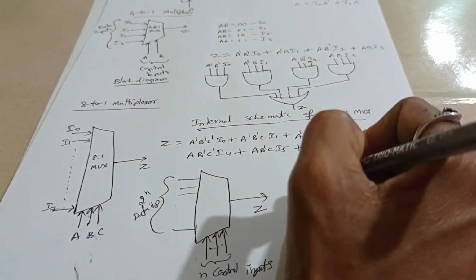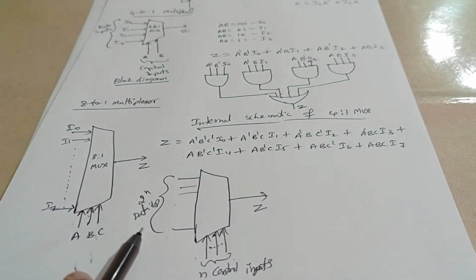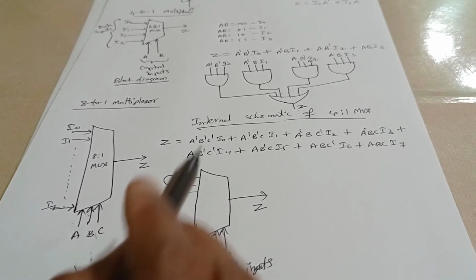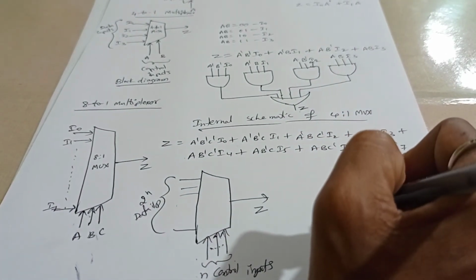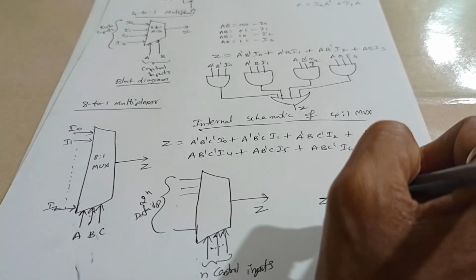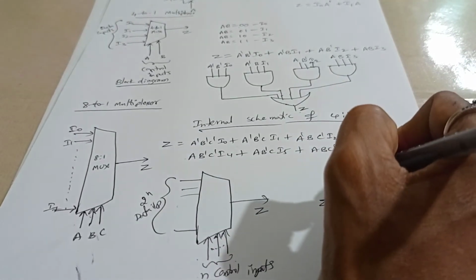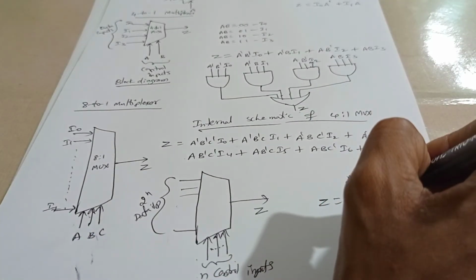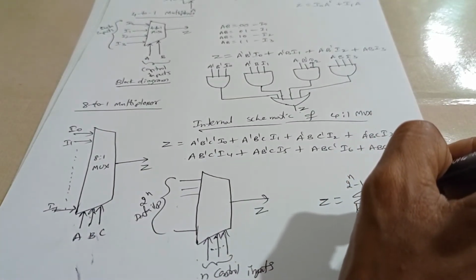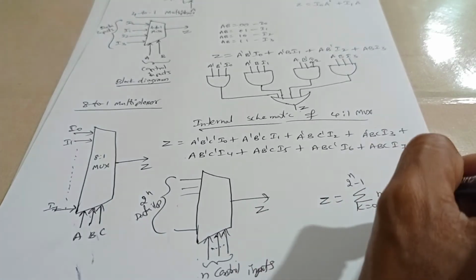The general equation for 2 power n data inputs and n control inputs is, that is Z is equal to sigma k is equal to 0 to 2 power n minus 1 mk into Ik.